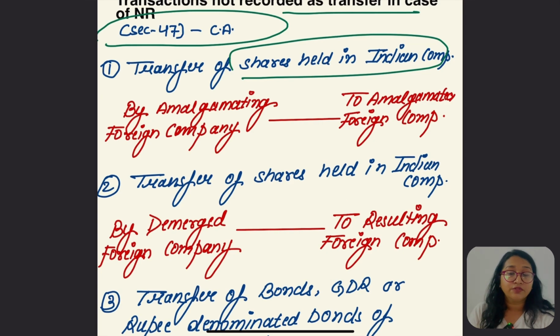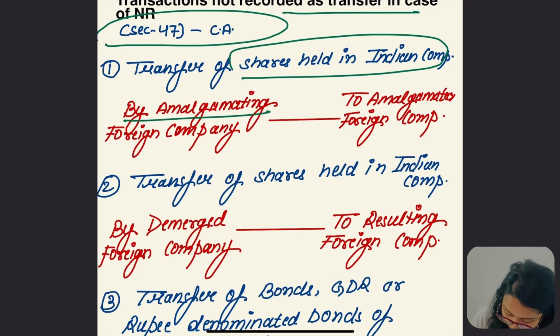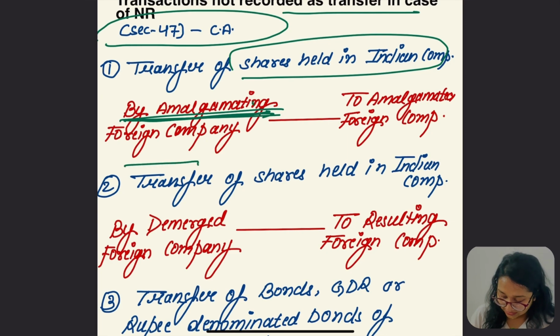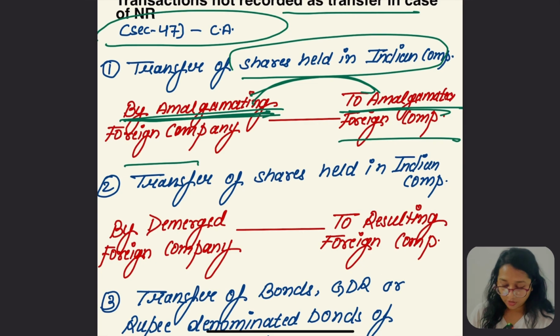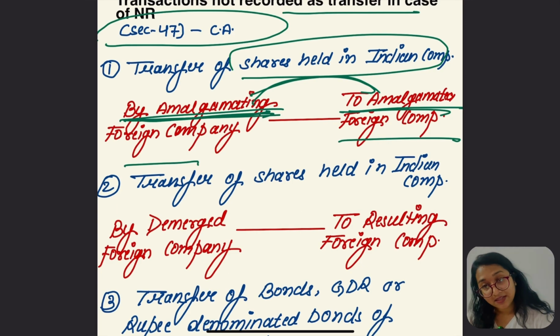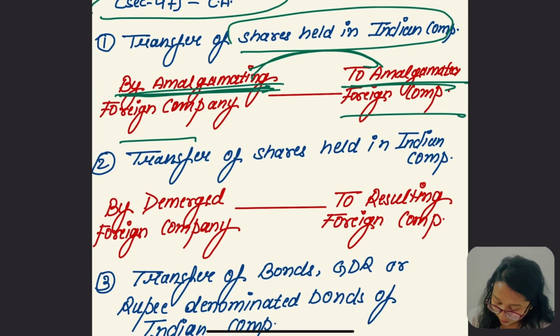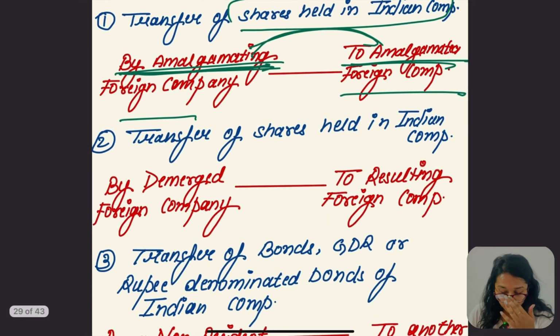The transfer of shares held in an Indian company by whom to whom? By the amalgamating foreign company to the amalgamated foreign company. So this was the transfer of shares held in an Indian company.